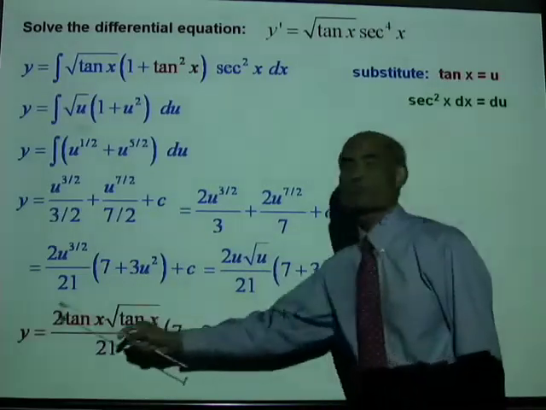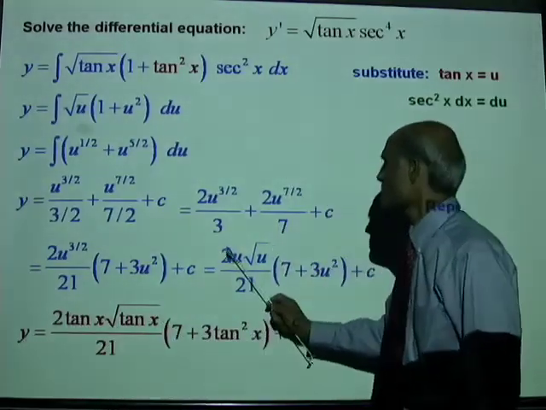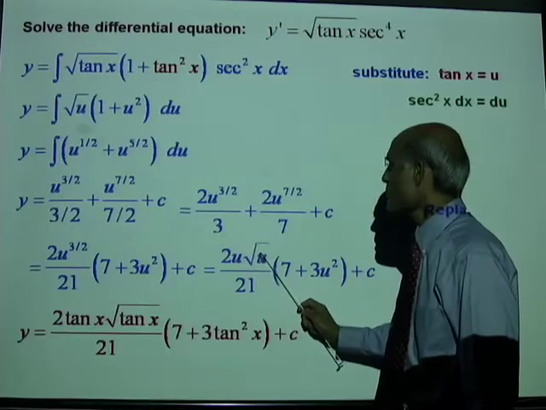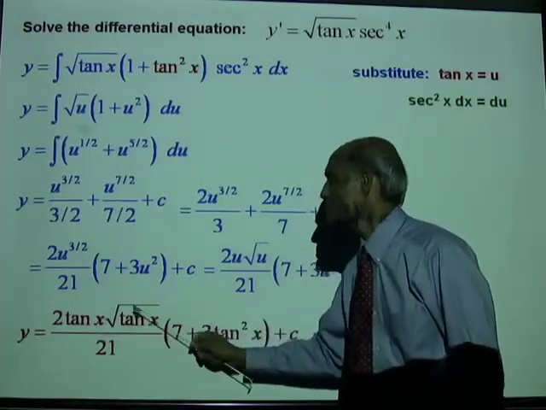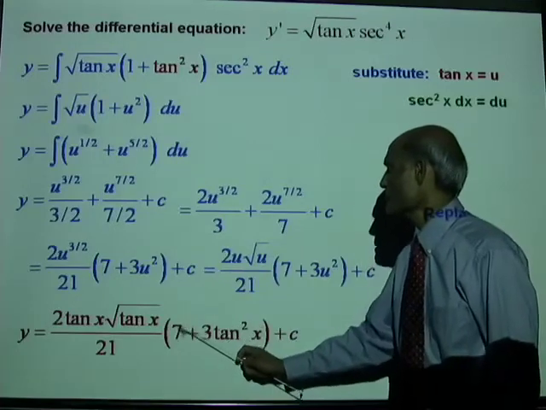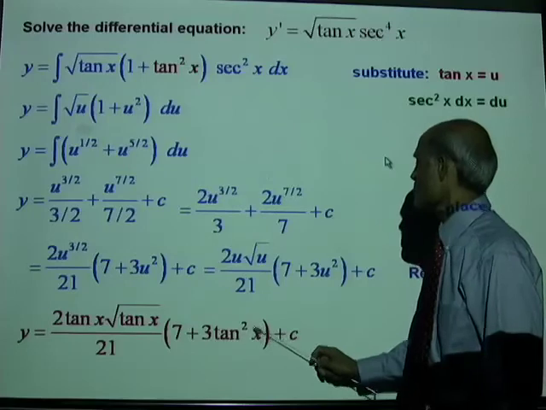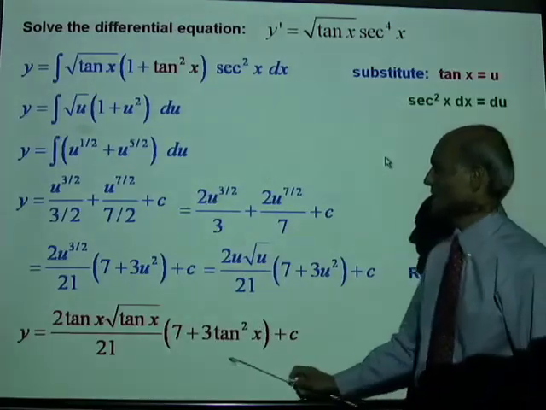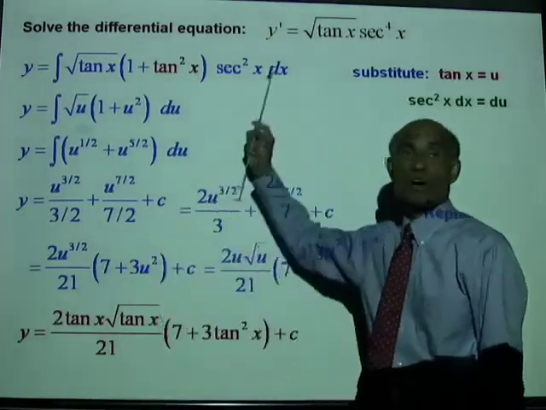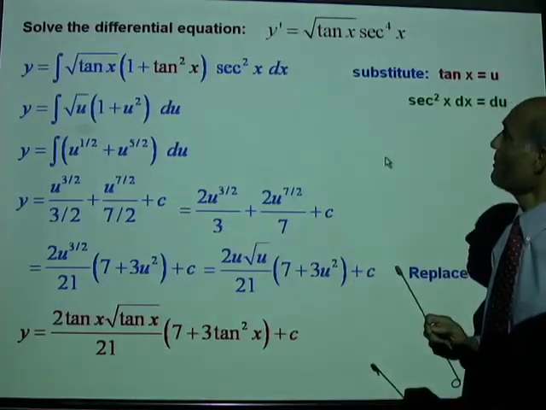So what's our result? y equal to 2u square root of u, 2 tan x square root of tan x divided by 21 times (7 plus 3 tan squared x) plus c. And that is the solution of this differential equation. All right.